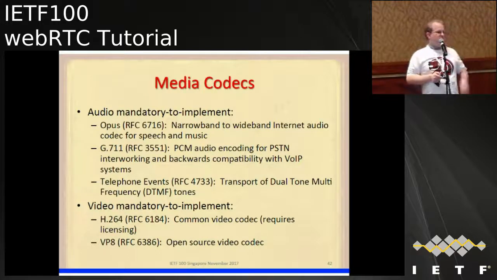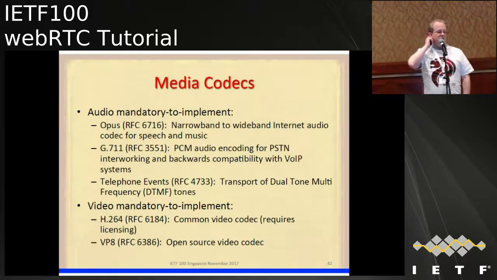Okay, briefly for audio, the browsers are required to implement both Opus and G711. Opus was developed here in the IETF. It's a great codec, sounds wonderful. G711 works. That's what I'll say about it. The browser is also expected to support DTMF, which are basically the events you get when you press the buttons on a keypad.